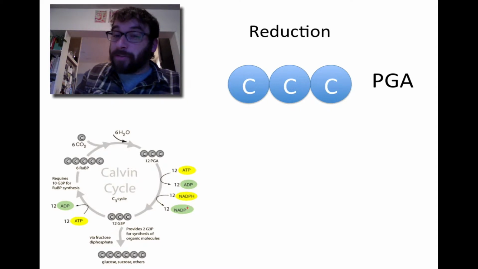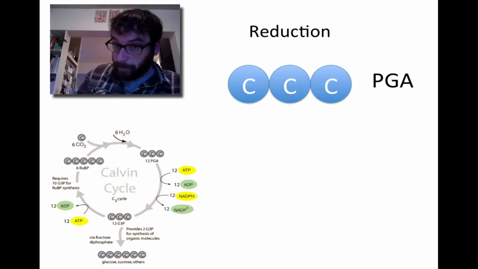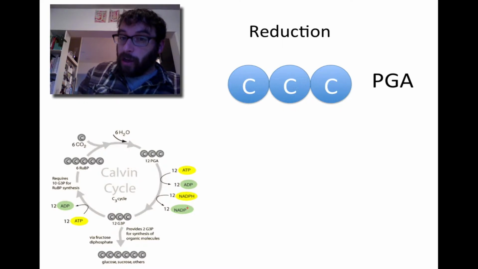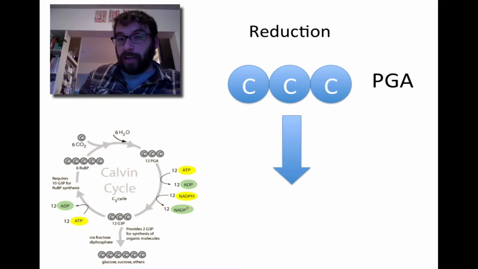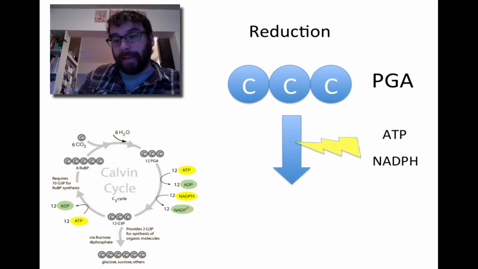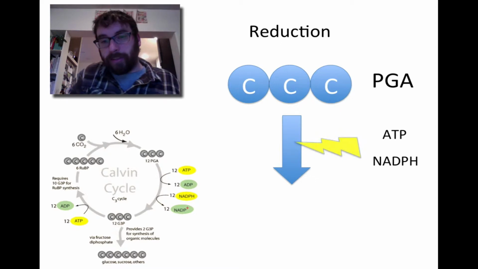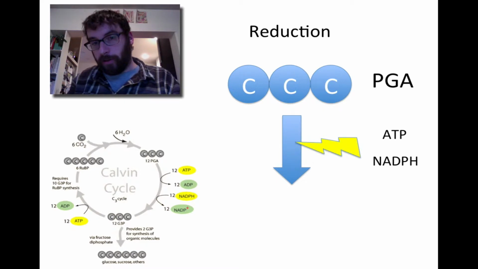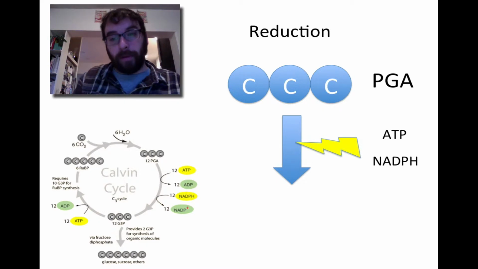What happens in reduction in the Calvin cycle is that you're adding energy to the PGAs you created by adding electrons from ATP and NADPH. So the chemistry here takes you from a low energy molecule to a higher energy molecule. Okay, we're going uphill.